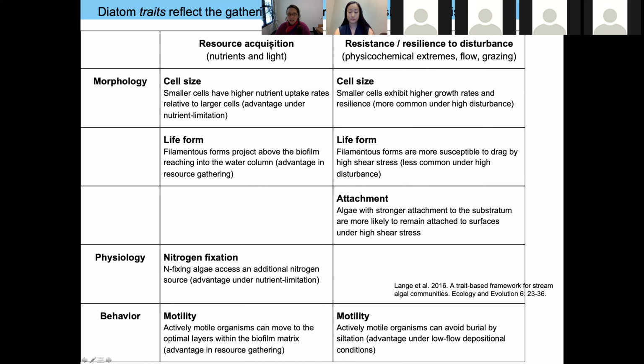So they cross different categories, whether it's morphology, physiology, behavior, and their ability to gather resources, being nutrients and light, as well as their resistance or resilience to disturbance, and that includes any kind of physiochemical extreme, flows, grazing.